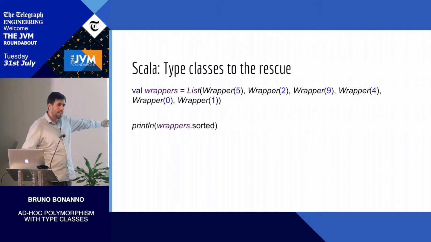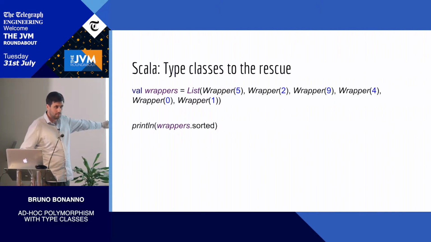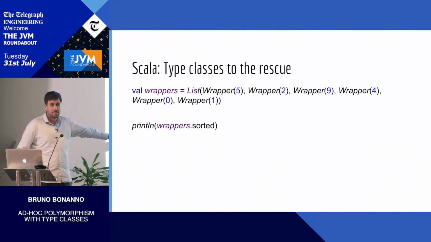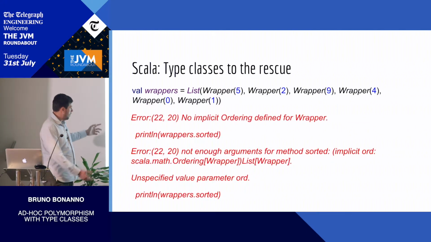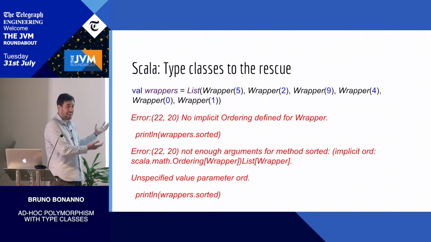Question: does that work? Does it compile? Well, I've been saying compiler many times already, so if you think yes, you haven't been paying attention. No. We get a nice error at compile time.